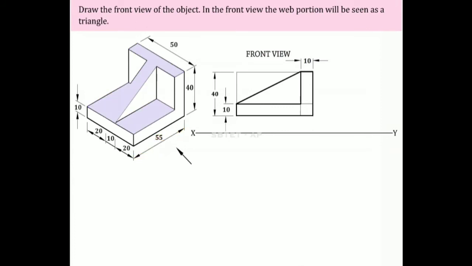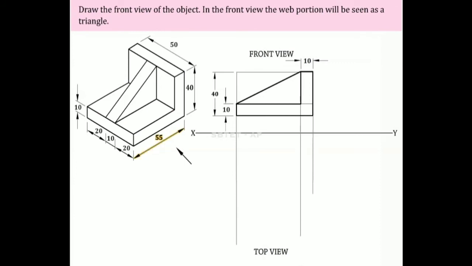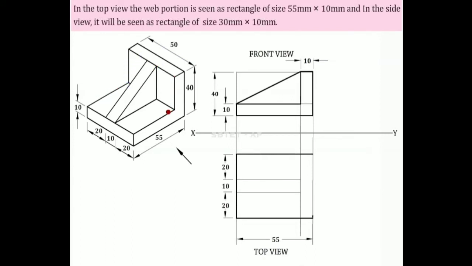Now draw the projectors from the front view vertically downwards and complete the top view. In the top view, the web portion will be seen as a rectangle of size 55 mm by 10 mm.